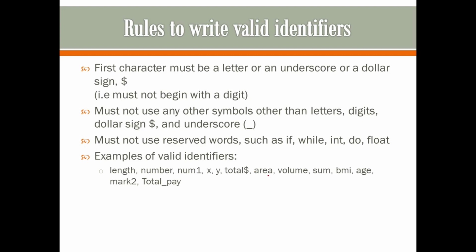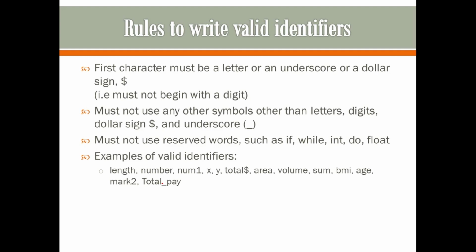Area, volume, sum, BMI are each letters only. Mark2 is a combination of letters and a digit. Total_P is a combination of letters and the symbol underscore. So a valid identifier is a combination of letters, digits, and symbols, where I use only the dollar sign and underscore.